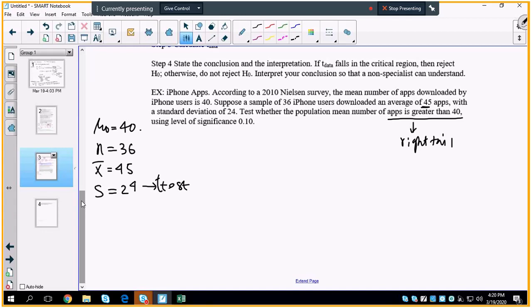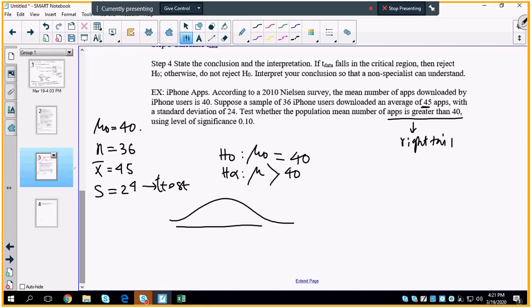So what we do is write the null hypothesis, that the existing mean is 40. The alternate says the new mean has exceeded the existing mean of 40. It's greater. Then we draw the right-tail picture. Remember, you are doing a t-test because the sample standard deviation is given.